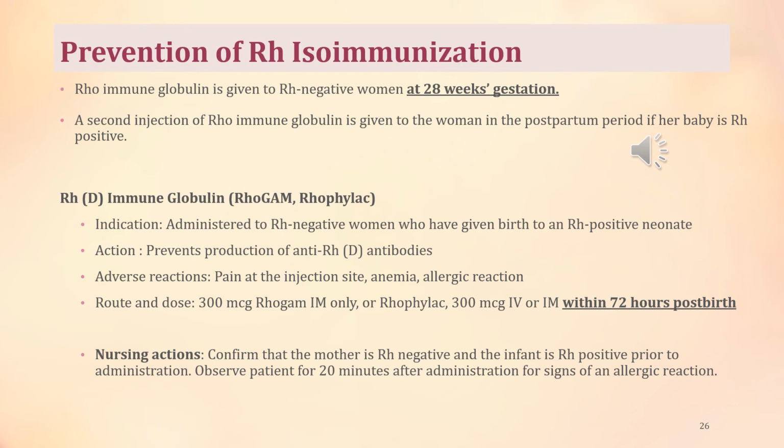Because anytime that blood mixes, then I'm at an increased risk of having that immune response against the baby. So we really have to watch for things like that. So typically you're going to get that RhoGAM within 72 hours after birth. And then we do that at 28 weeks, just to hopefully ensure that we're going to have a safe pregnancy.